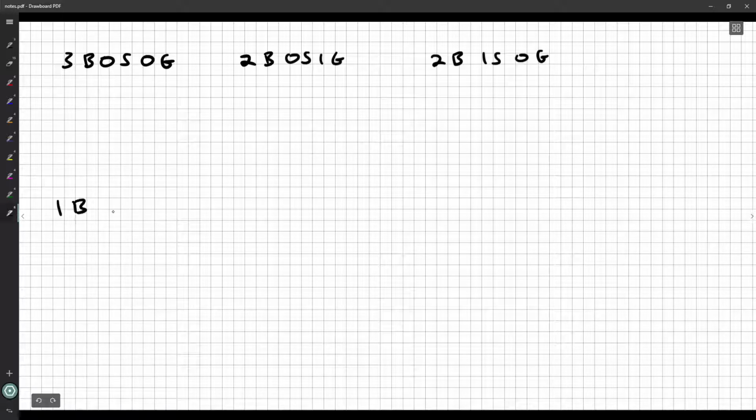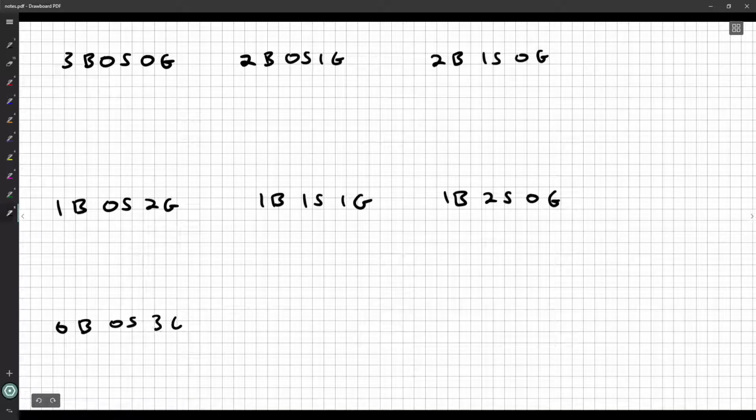And 1 bronze, 0 silver, 2 gold. 1 bronze, 1 silver, 1 gold. 1 bronze, 2 silver, 0 gold. And then the ones where they got no bronze. Alright, there's all of them.